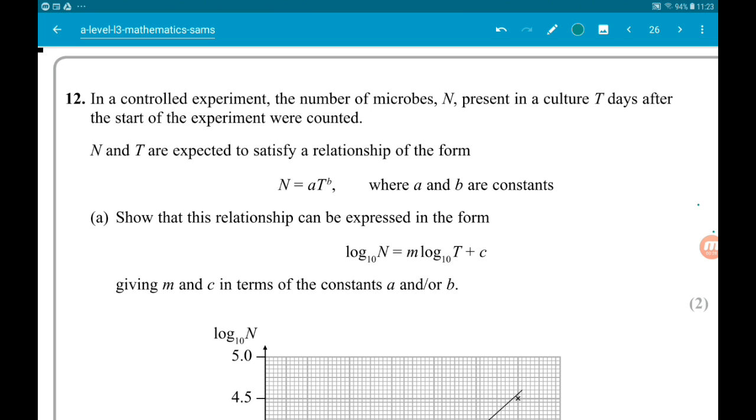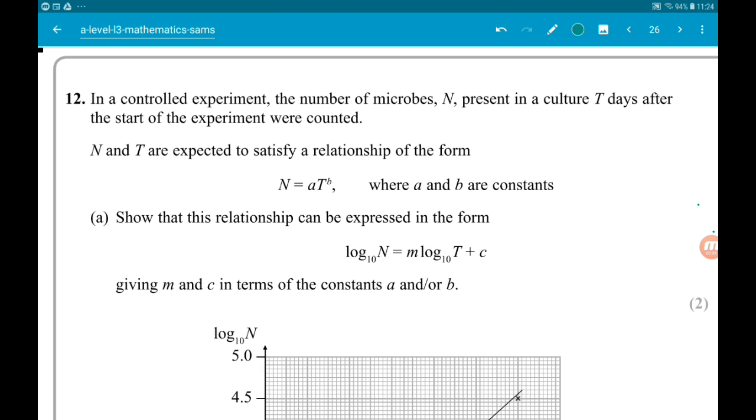Part A wants us to show that this relationship can be expressed in the form log 10 of n is equal to m log 10 of t add c, giving m and c in terms of the constants a and or b.